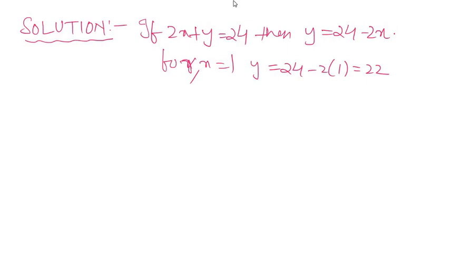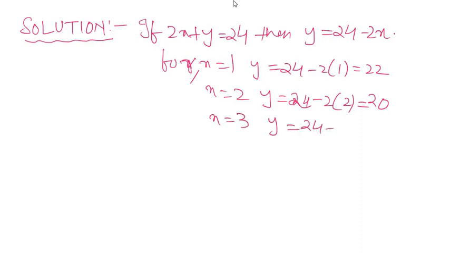For x equal to 2, y will be equal to 24 minus 2 into 2, that will be equal to 20. For x equal to 3, the y value will be 24 minus 2 into 3, 24 minus 6, which is 18.